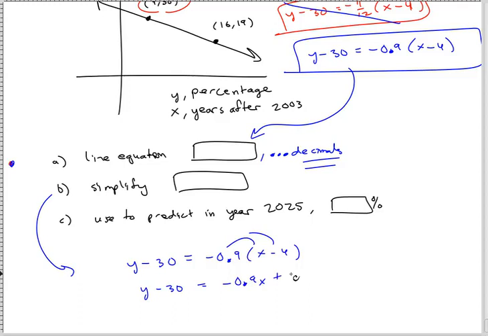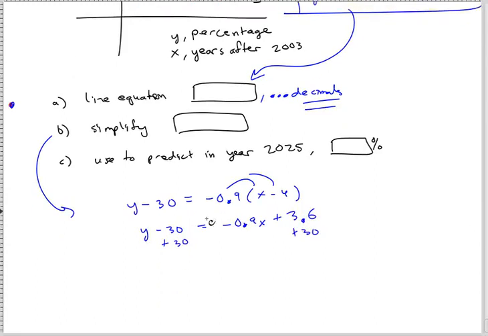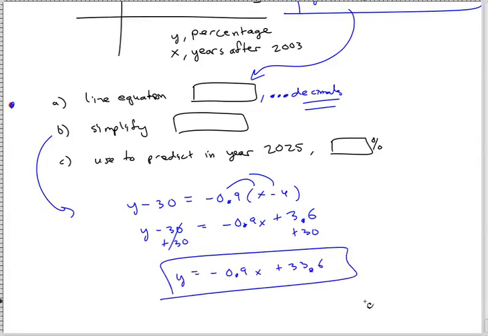Again, use your calculator here. 4 times 0.9 is 3.6. Okay, and then I'm going to add the 30 on both sides. And so then I got negative 0.9x and then plus 33.6 is what they want for the other one.